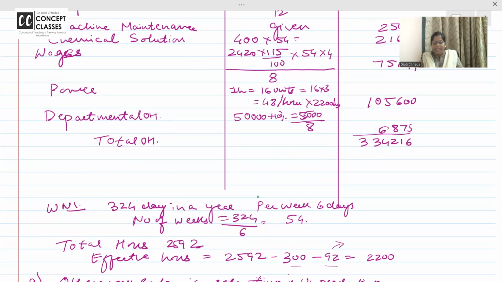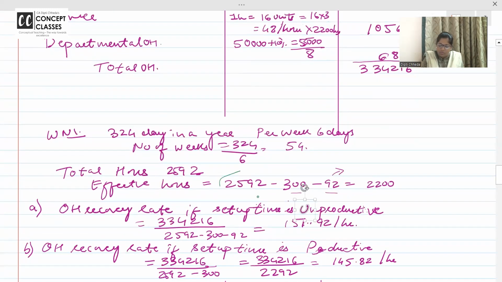And you know, so many times in these kinds of problems they say that power is not required at setup time. So though your effective hours are 2592, no power is required in setup and no power is required in repairing. So how many hours is power used? When the machine is in setup, the current is off and no power is used, so there will be no power expenditure.